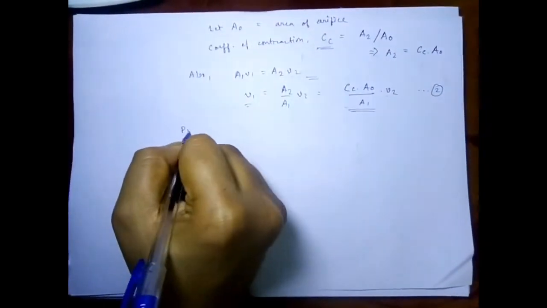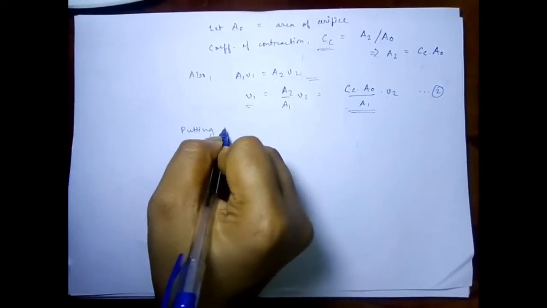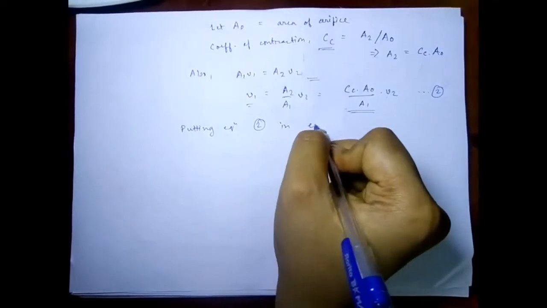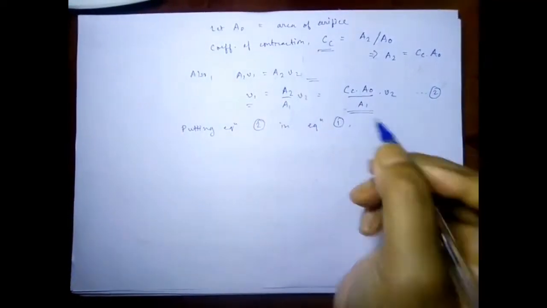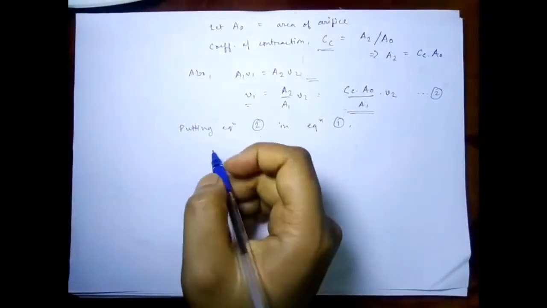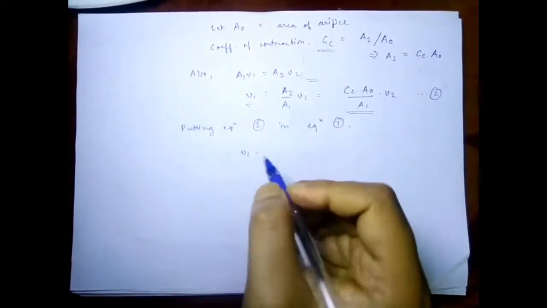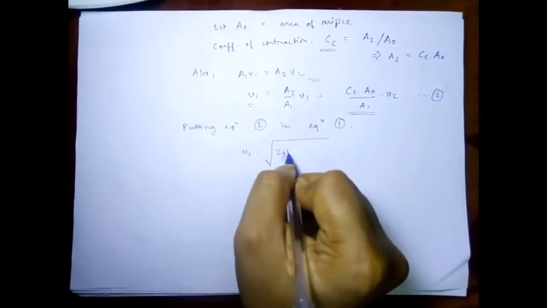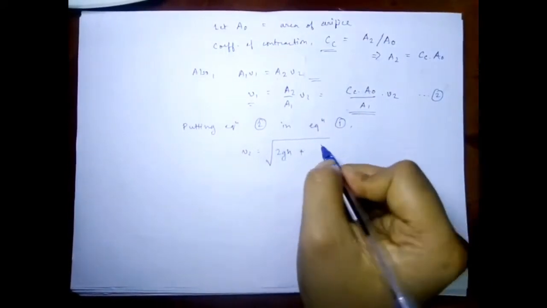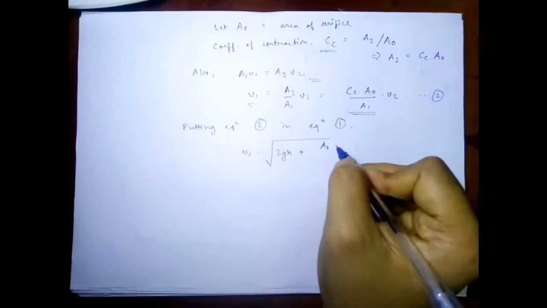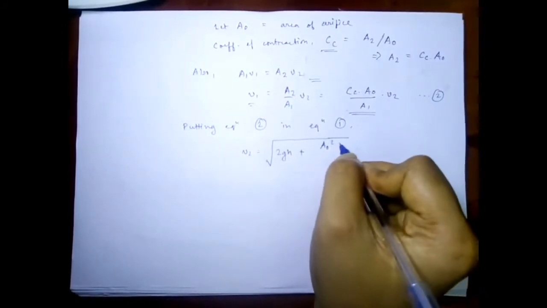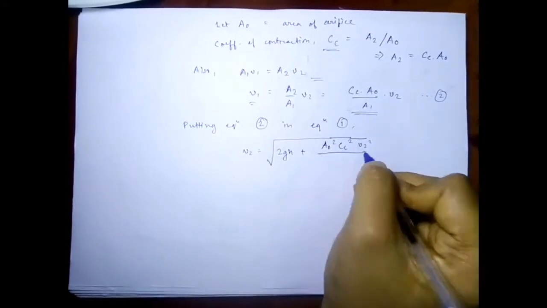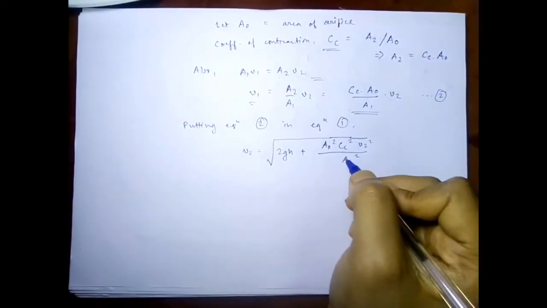So putting equation 2 in equation 1, what I'll get is V2 is equal to square root of 2gh plus A0 square CC square V2 square upon A1 square.